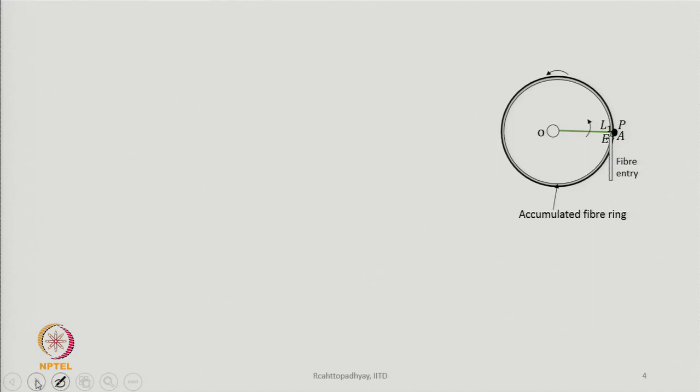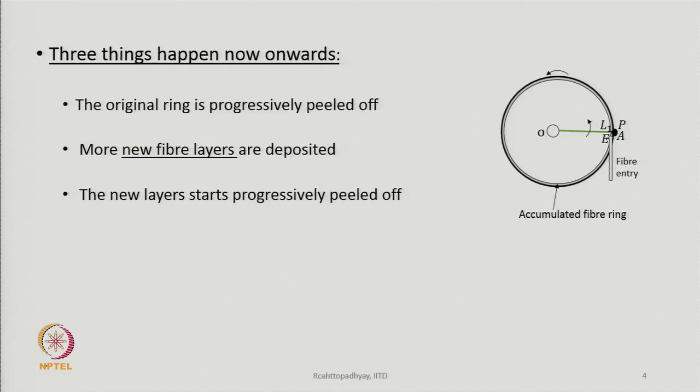Now, as soon as we start pulling the yarn out after feeding the seed yarn, what happens? Three things happen now. One is the original ring of fibers is progressively peeled off. Fibers are already there, because before we feed the seed yarn end, we have already started feeding the material.